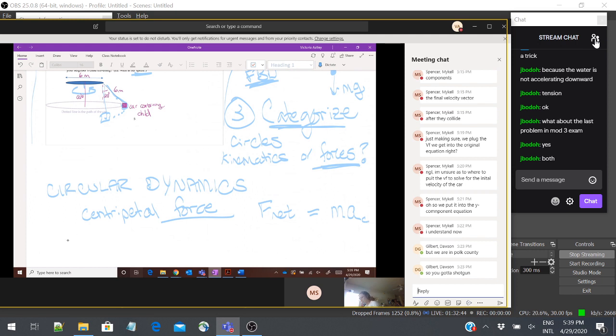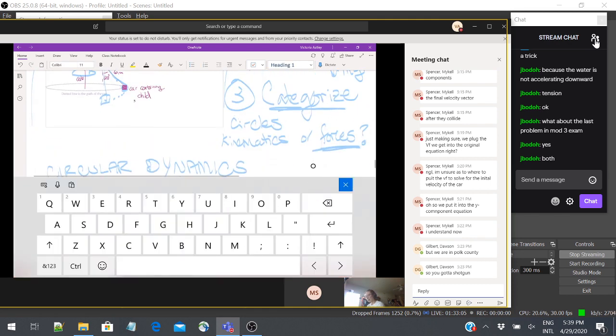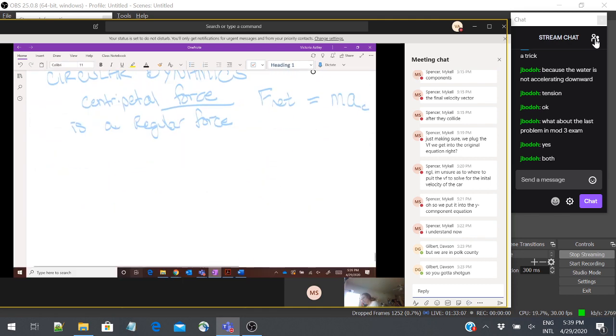And the centripetal force is not its own thing. It's just a regular force. Right? So in terms of our free body diagram, and it points inward, what is our centripetal force in this case?